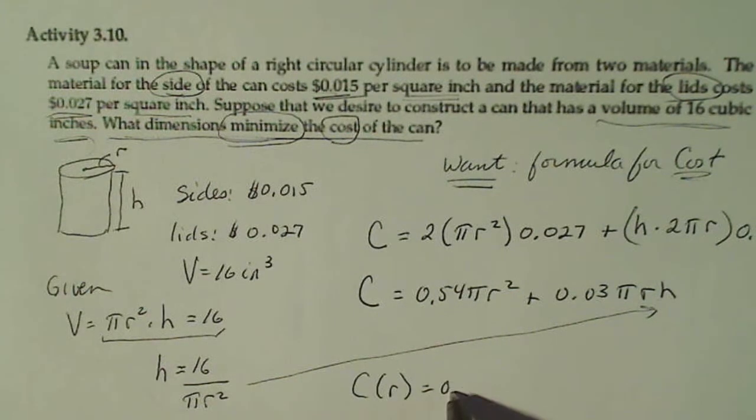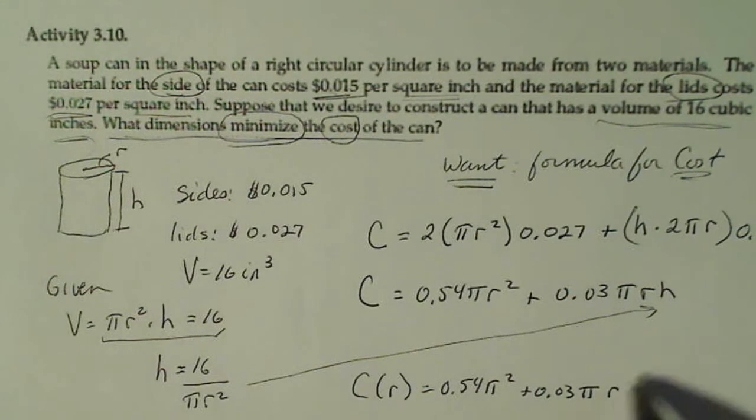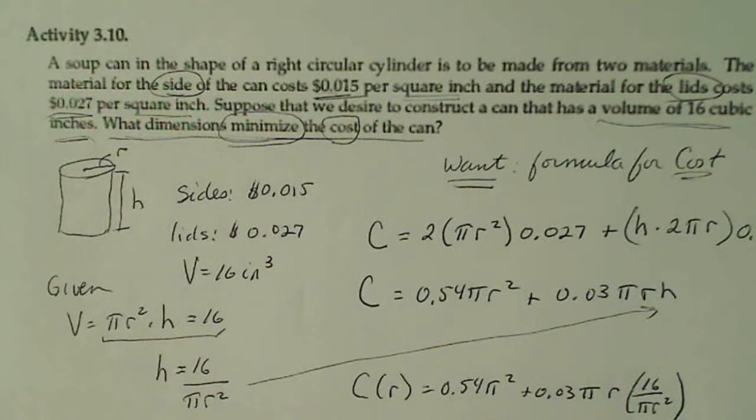So I'm going to put that in there, 0.54 pi r squared plus 0.03 pi times r times h. Keep simplifying. Yeah, I've got to be careful here. There's lots of zeros here. I just noticed an error that I made, so I'm actually going to rewrite this.